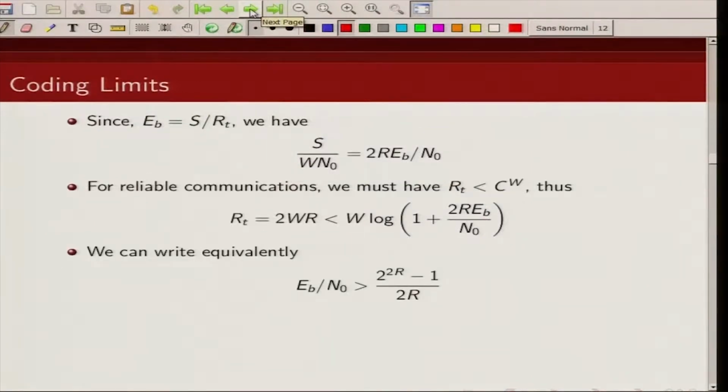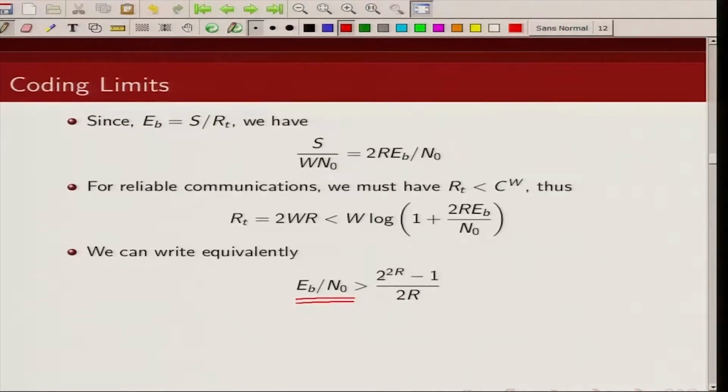From here, we can write down the expression for minimum SNR per information bit, energy per information bit by noise power spectral density. It should be greater than or equal to 2 raised to power 2R minus 1 divided by 2R.